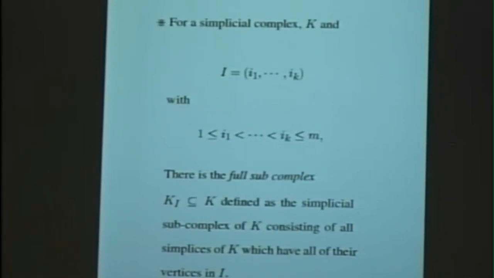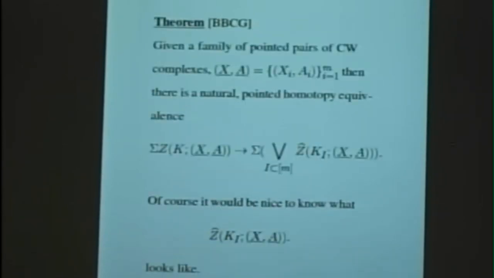For a set of numbers I between 1 and m, I can form something called the full subcomplex K_I, which is contained in K. And that simply is, you look at all the simplices in K whose vertices lie in I. That gives me a subcomplex. That's called K_I, the full subcomplex. And the theorem is that one suspension of the polyhedral product functor breaks up as a suspension of wedges over all subsets of m, including the empty set, of these Z hats for all the full subcomplexes.